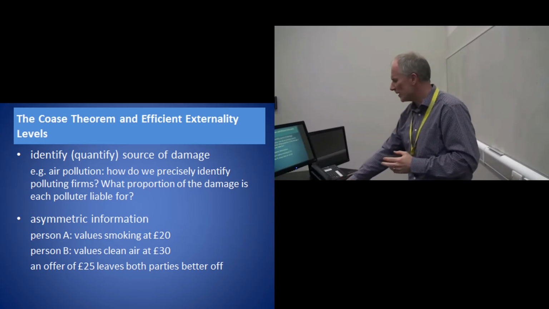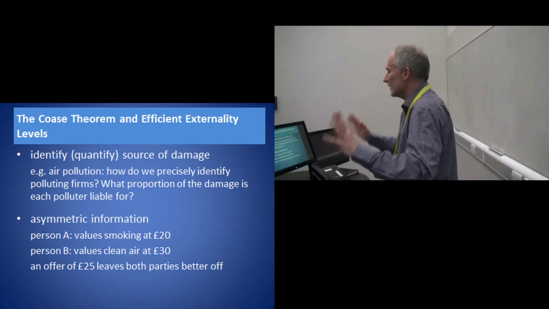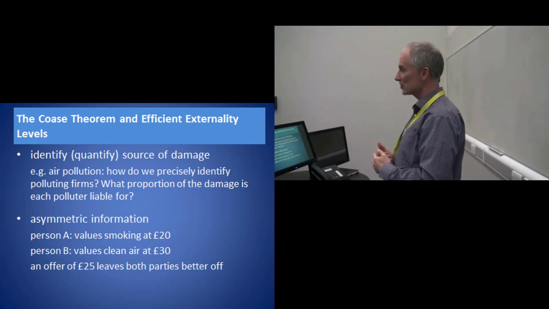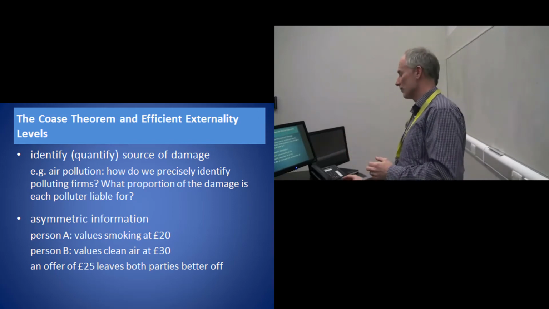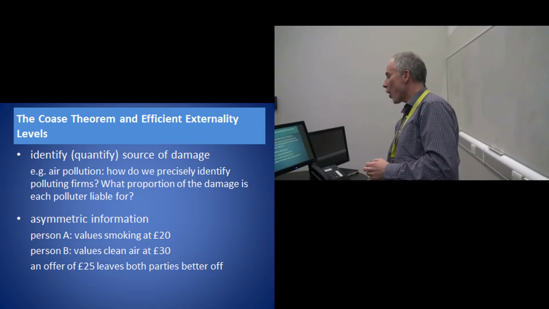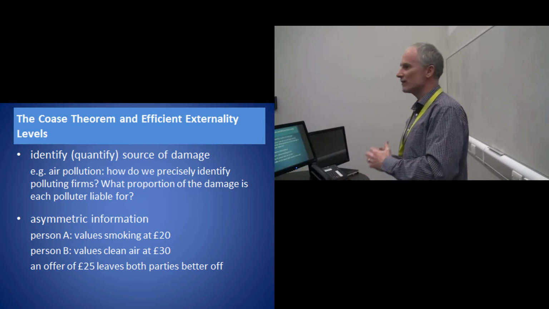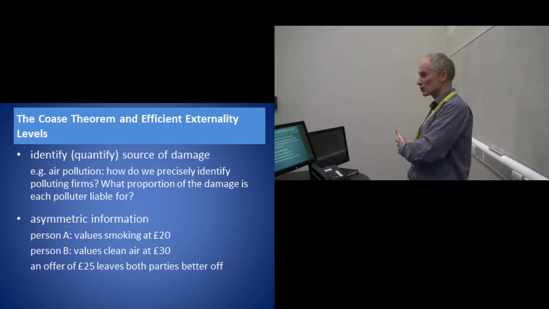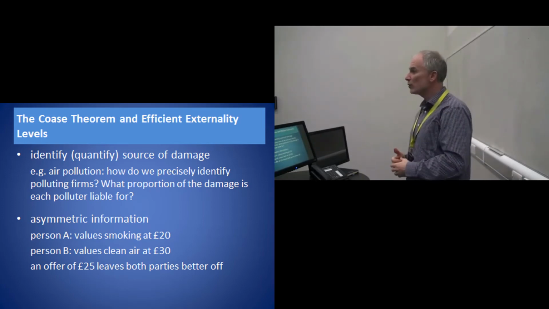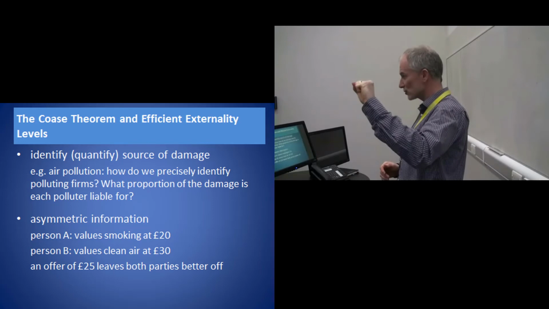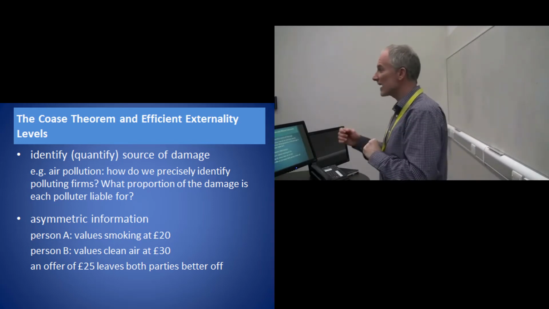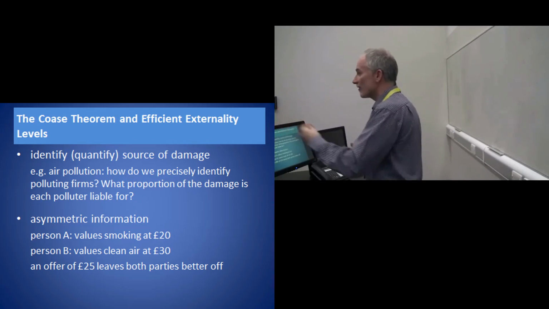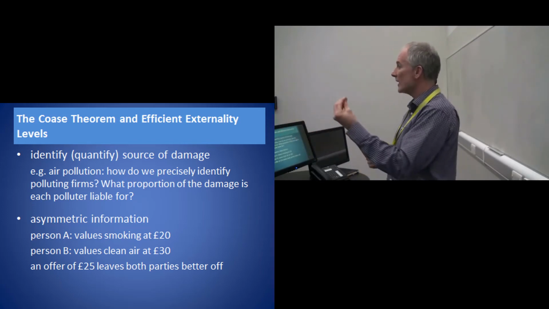So you can see here, there's clearly scope for a mutually advantageous bargain to take place. So, for example, if person B offered his roommate £25 not to smoke, would that benefit the non-smoker? Yeah. He would pay £25 for something he values at £30. He wants clean air, he pays £25 to his roommate not to smoke, and he gets clean air.